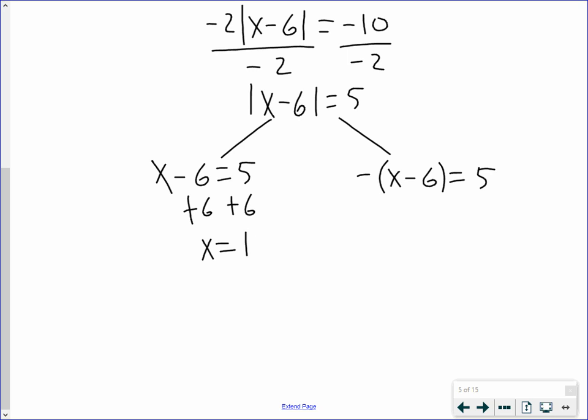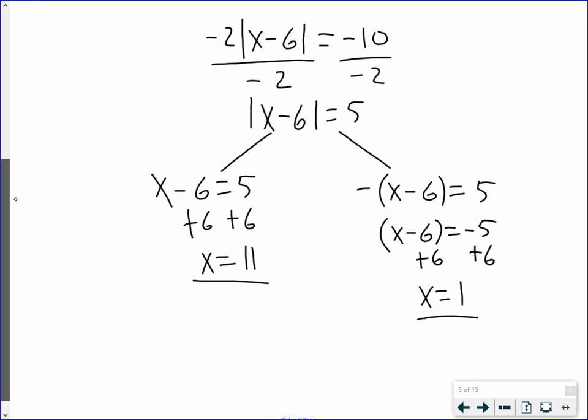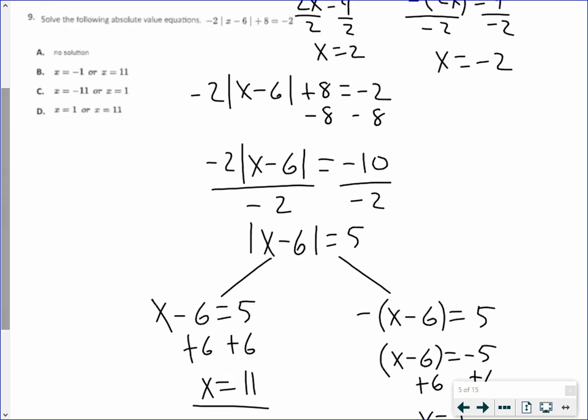So x can equal 11. Here we're going to multiply by -1 first. So we get x minus 6 equals -5. Add 6 to both sides. X equals 1. So this problem here, x can equal 11 or x can equal 1. So that gives us an answer of D.